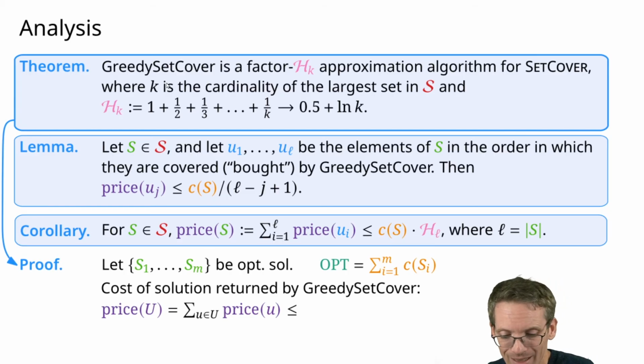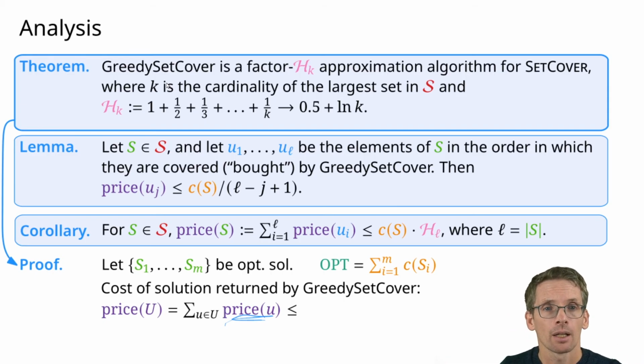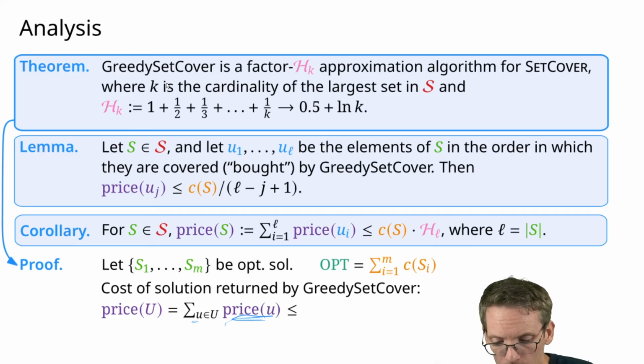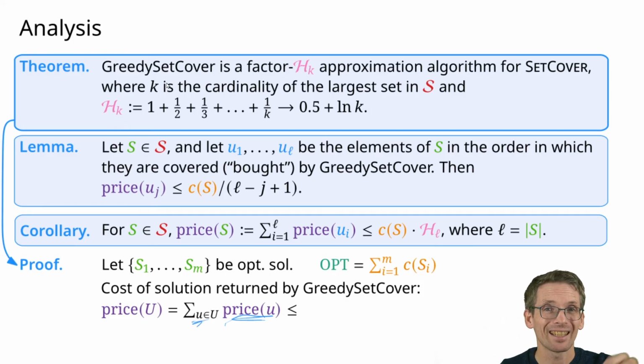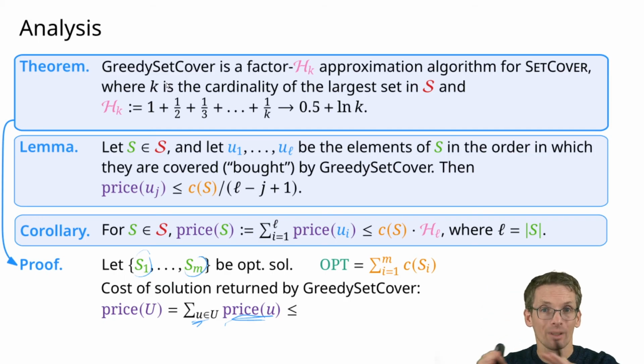Because price was the number that we assigned in the algorithm as a per element cost of that element when we bought it, and then the sum of that exactly gives us the overall cost. Now, each of these elements obviously occurs in at least one of these sets, because it's a set cover.